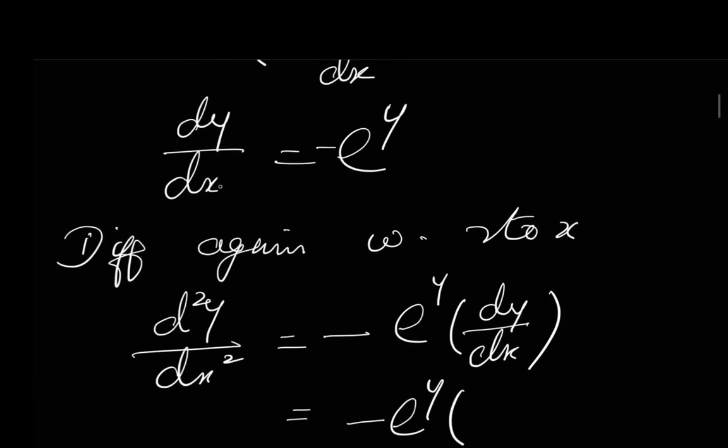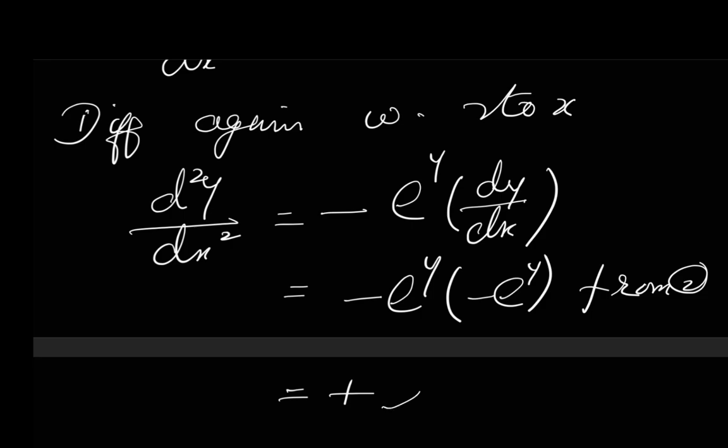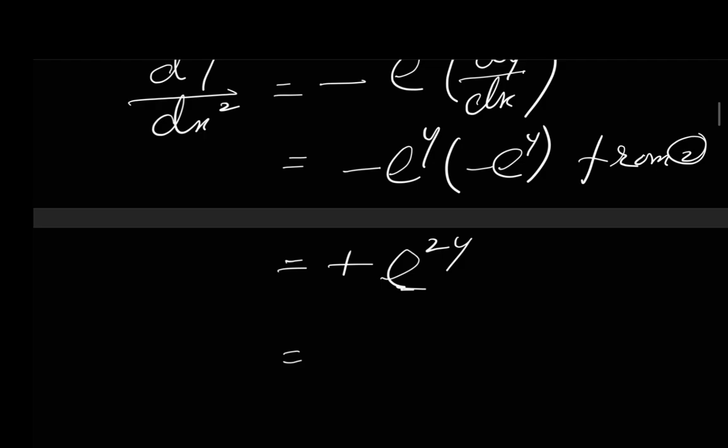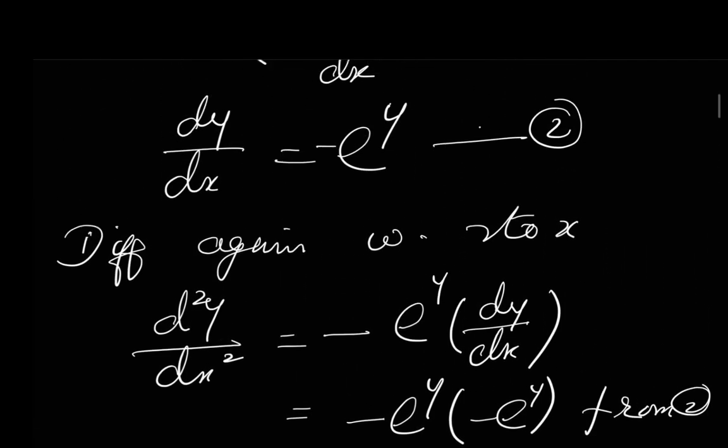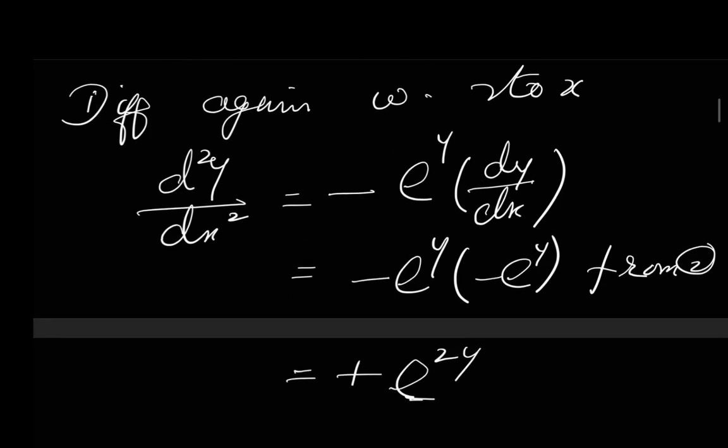Let me substitute this dy by dx, here I got minus e power y. So, minus into minus, plus e power 2y. I need not write this one, let me rub it off here.